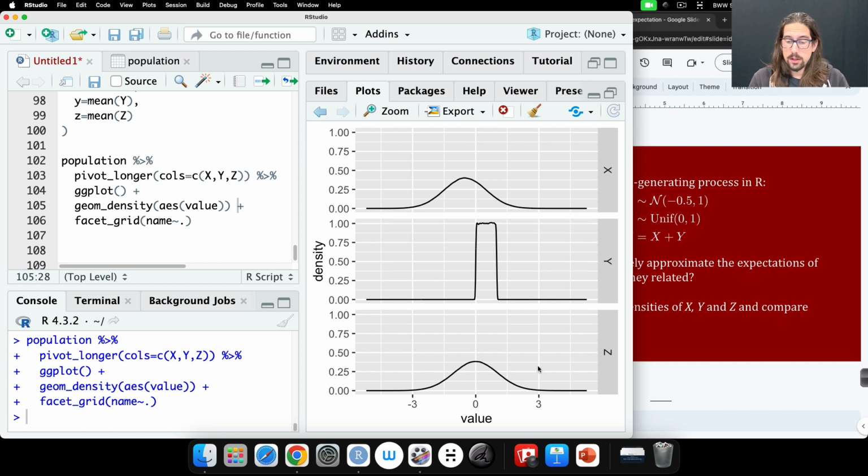I think it's worthwhile to think about this and consider why z kind of looks like this and what's going on. So think of it this way. Imagine that y, instead of a uniform over 0, 1, were just deterministically 1. It were always 1, no matter what. Or some number very close to 1, like 1.1, 0.9, something like that.